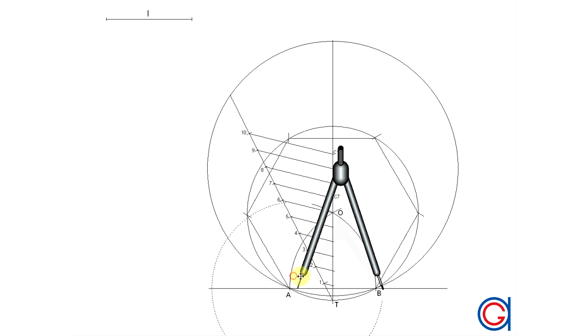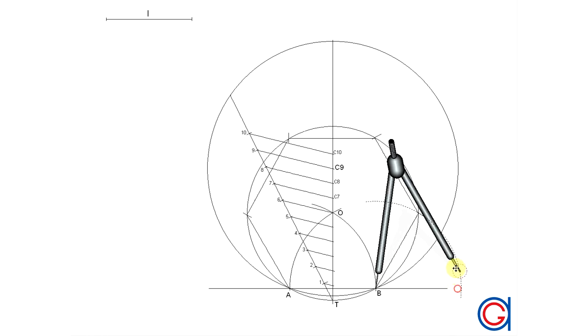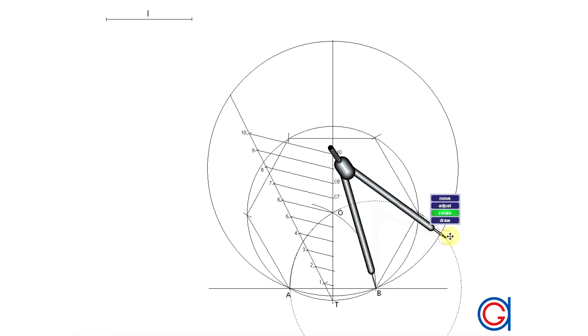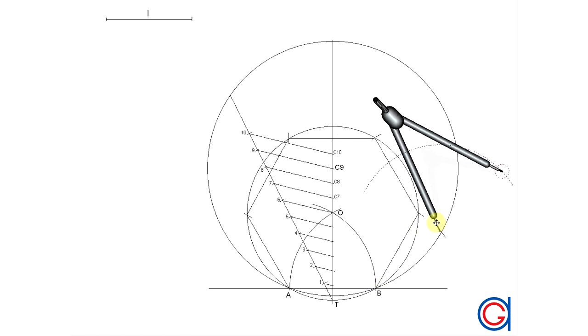So now with our compass set to the length AB, we are going to scribe 9 arcs onto our circumference. It can be noted that in all odd-sided polygons where the vertical diameter intersects the circumference, this point will always be a vertex. So this can tell us if we are working with accuracy or not.